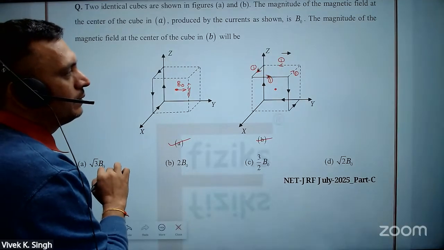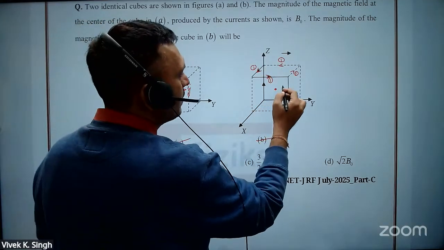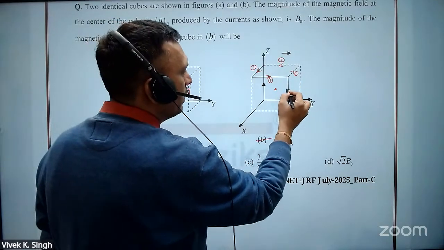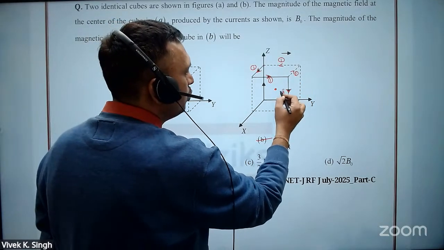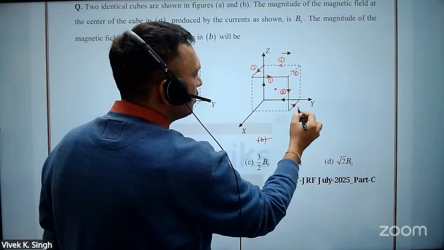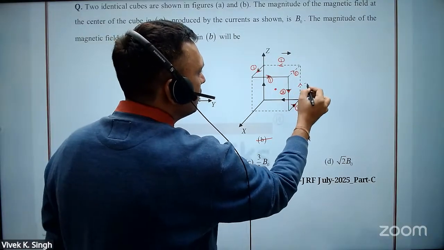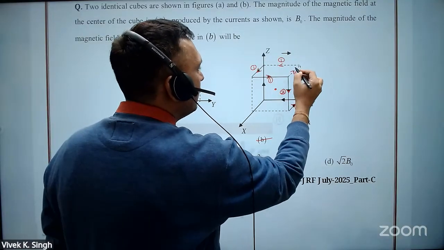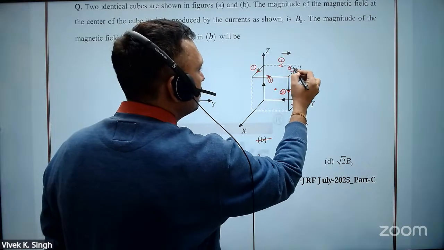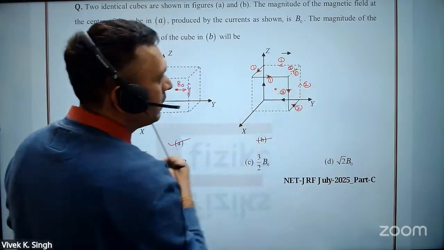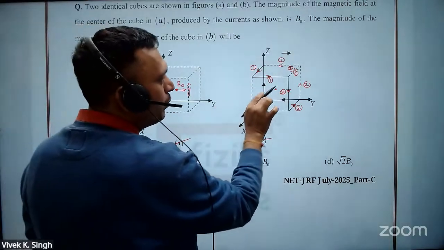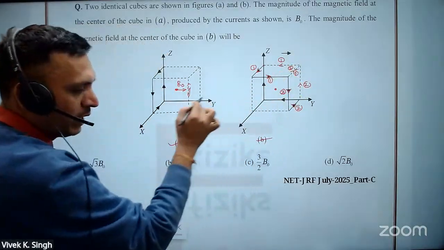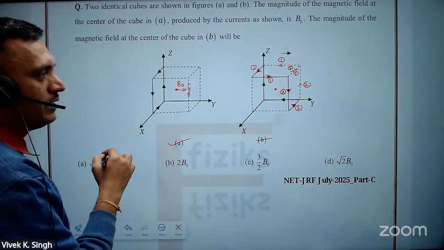And another loop, let's say this is loop 2. Loop 2 will also complete the current. So due to loop 1, current is in this direction, and in loop 2, current is in the opposite direction. So they will cancel each other.